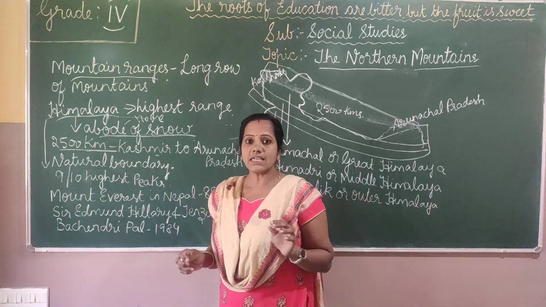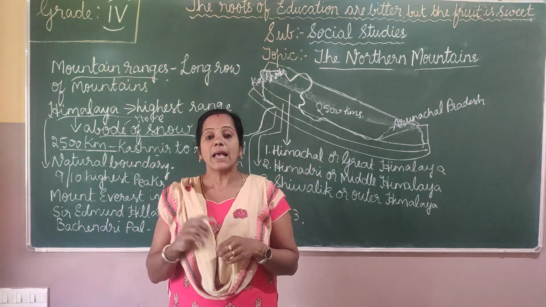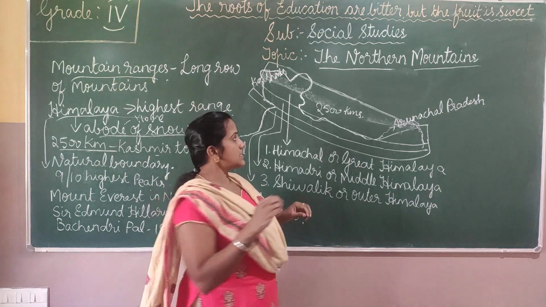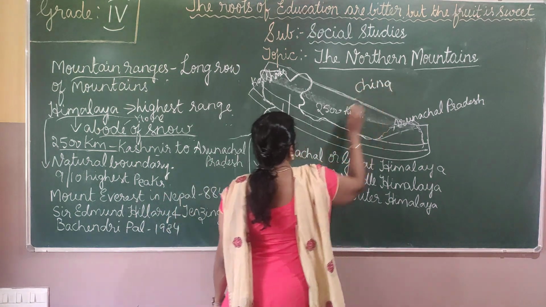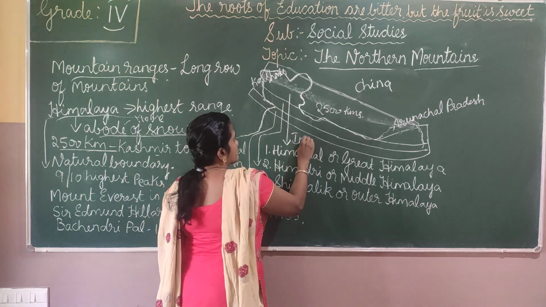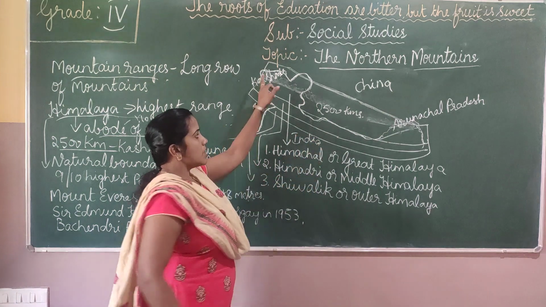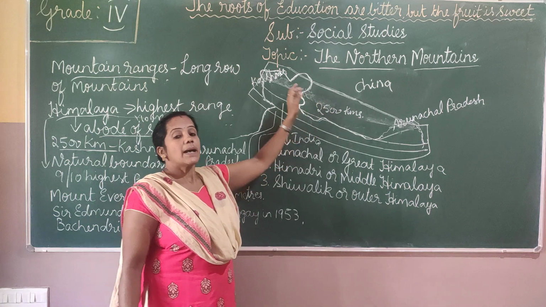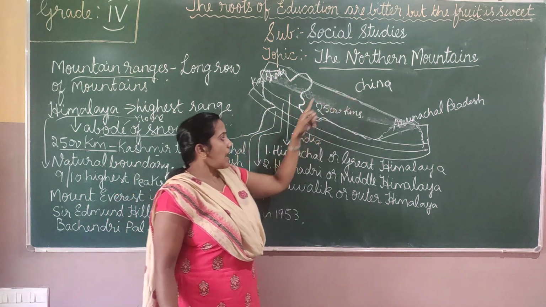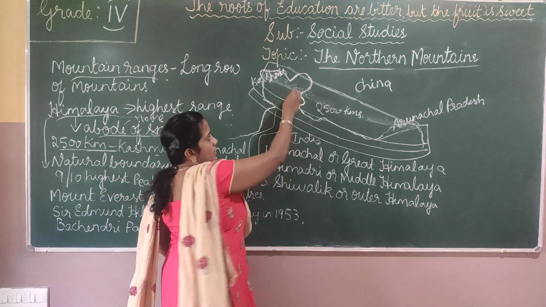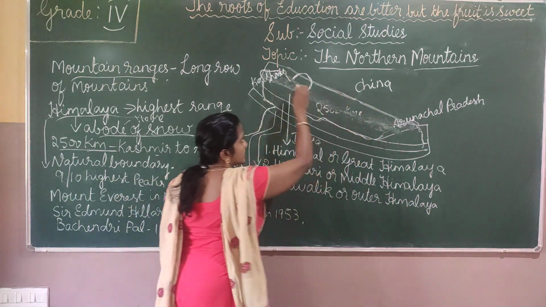Okay, and these form a wall between two countries. So here it is China. Okay, and this is India. So these mountains, okay, so these peaks form a wall between China and India. Okay, so we have these long row of mountains here.